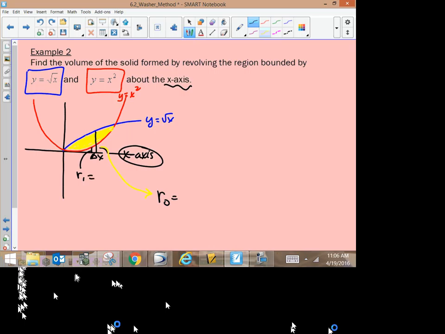All right. What's my R inside? Top minus the bottom. X squared minus 0, just to be anal about the whole top minus the bottom. Okay, very good.